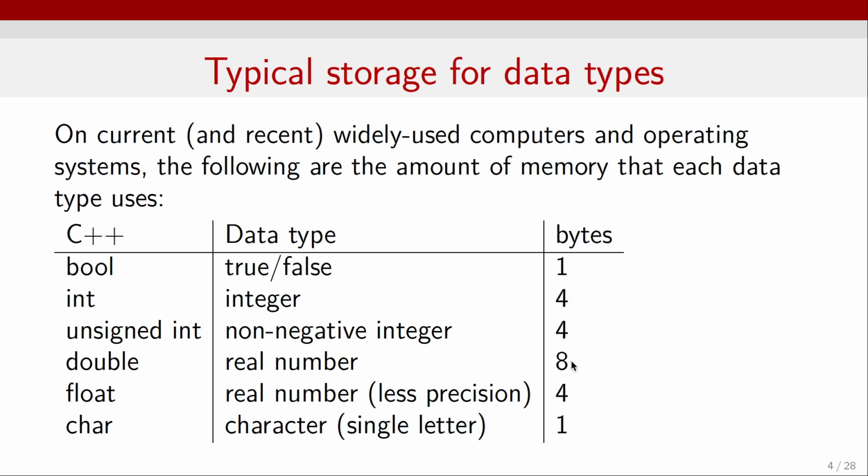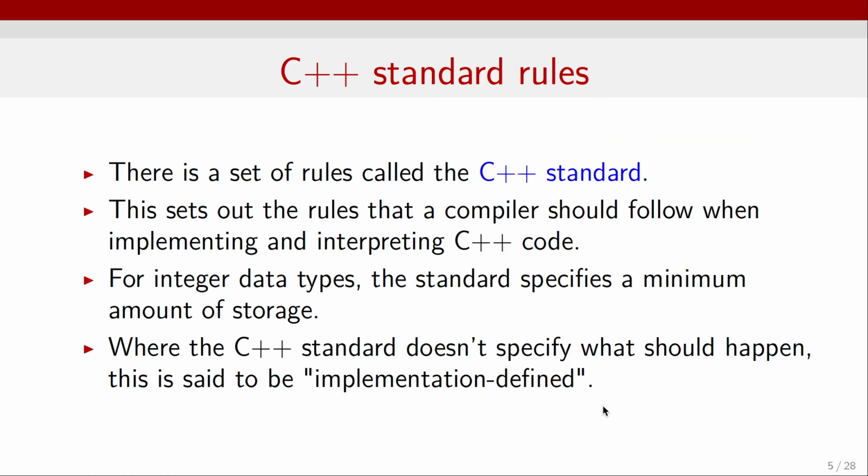A double, which has again 16 digits of accuracy, occupies around 8 bytes. And a float occupies half of that. It has half the accuracy and occupies half of the memory. That occupies 4 bytes. And a character, 1 letter, occupies 1 byte.